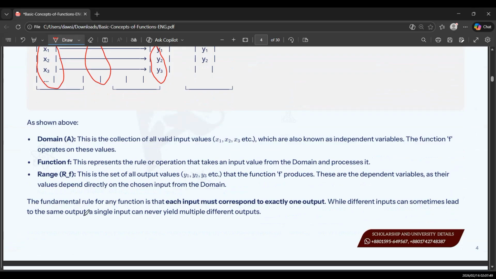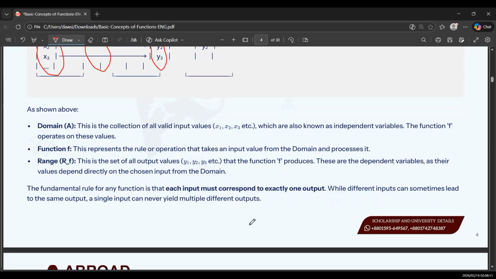So the fundamental rule for any function is that each input must correspond to exactly one output, while different inputs can sometimes lead to the same output. A single input can never yield multiple different outputs.